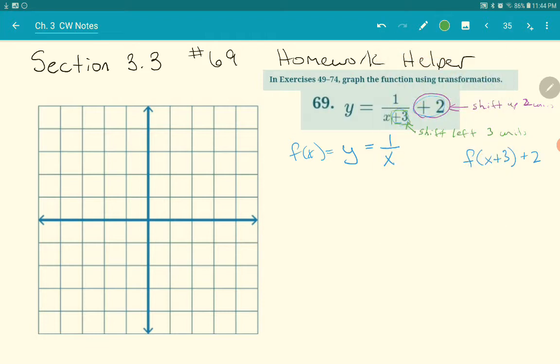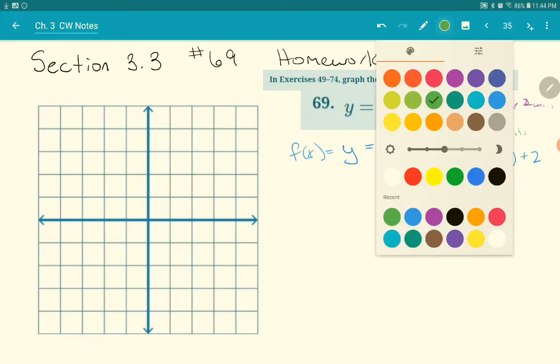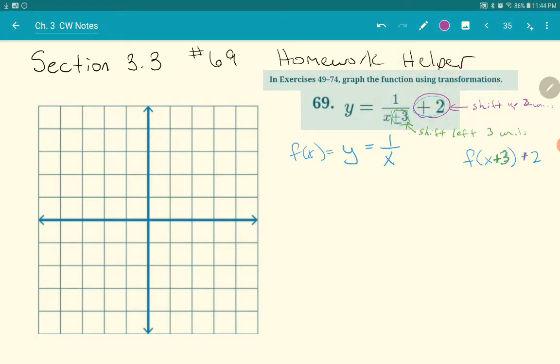So again, that horizontal shift is inside the function, and the vertical shift is outside the function. And that is equal to 1 over x plus 3 plus 2.